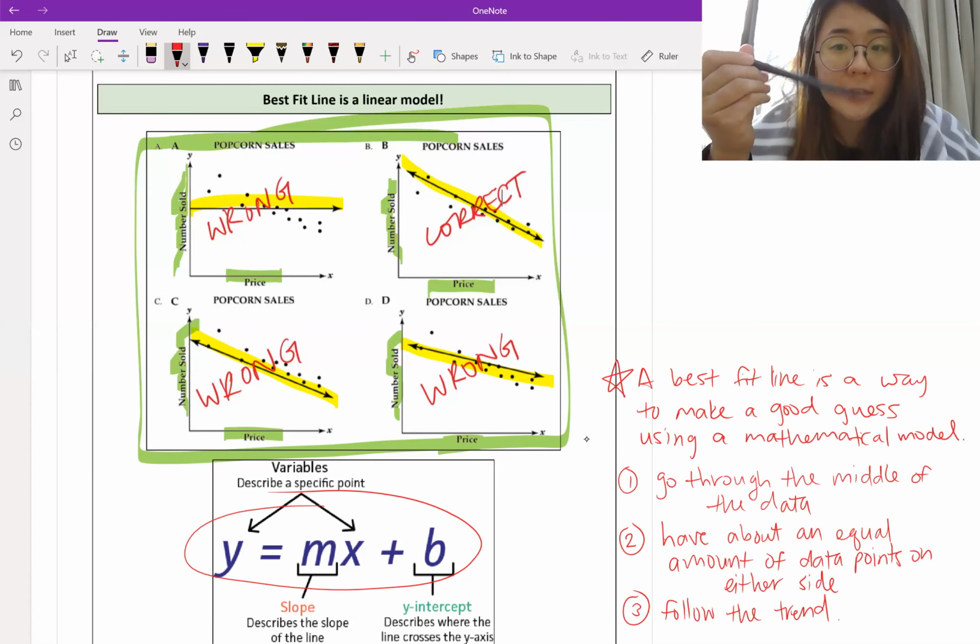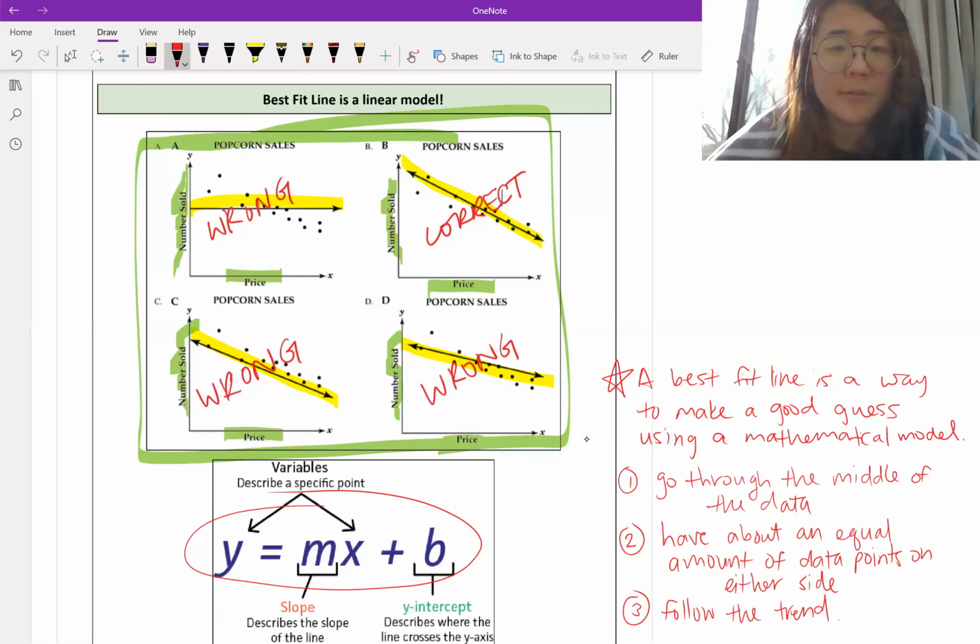Now, if you look at this graph, it's cutting through the middle of the data, so it follows number one. It also follows number two because there's an equal number of points on either side. On the top there are about 5, and on the bottom about 6. So you might think, why is this wrong? It's because it doesn't follow number 3. It doesn't follow the trend. It's not negative. That's why it's wrong.